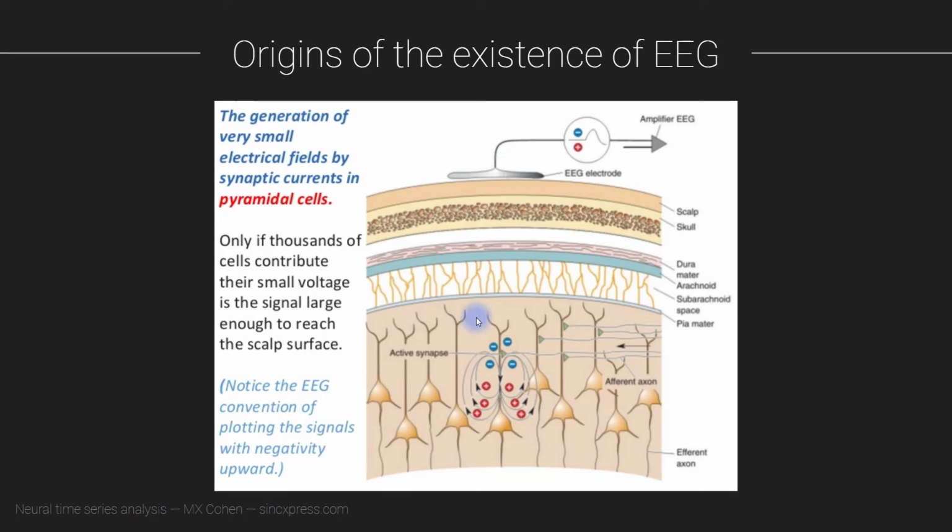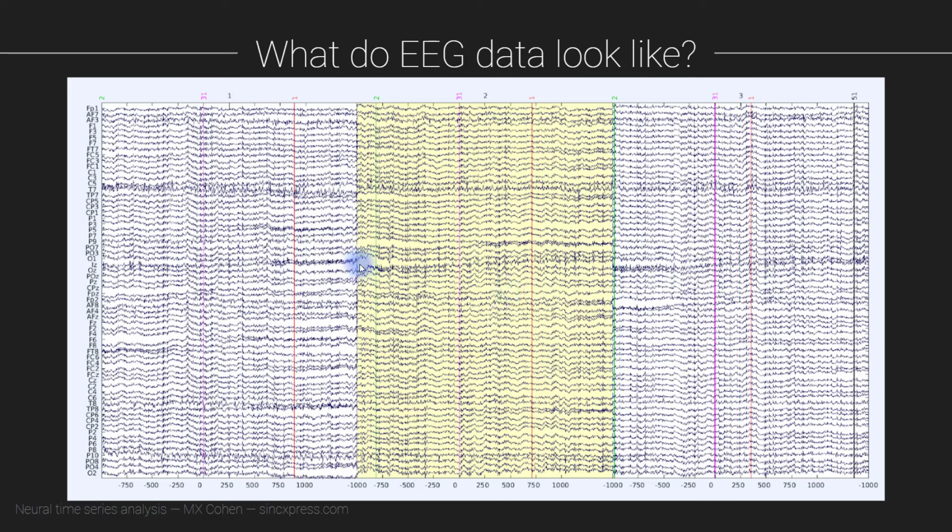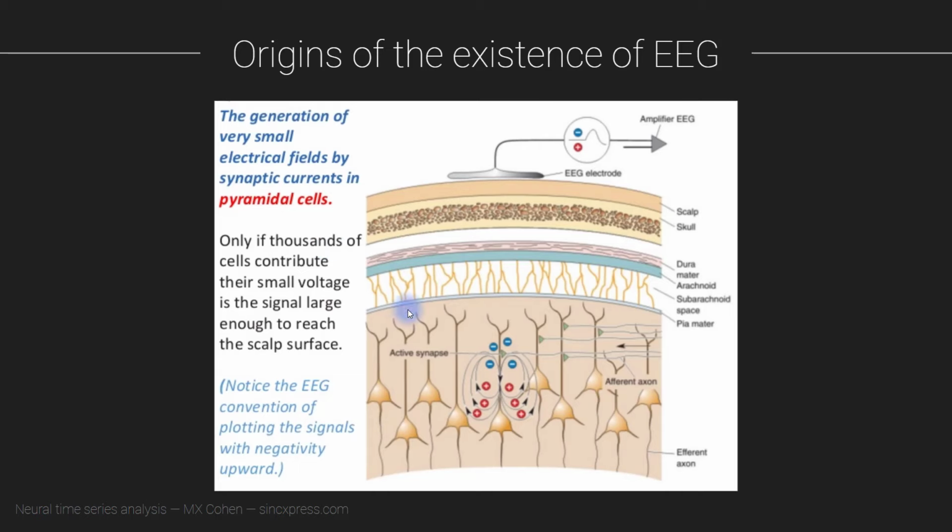Now, this is a really brief introduction to the biophysical origin of EEG. There are a lot more complications. There are a lot of biological and biophysical details involved in every aspect of the populations that are generating the EEG signal. But that is the gist of it, and that is where we get these wiggles from. Every time these lines go up and down, these are voltage deflections that reflect the instantaneous activity of these populations of cells.